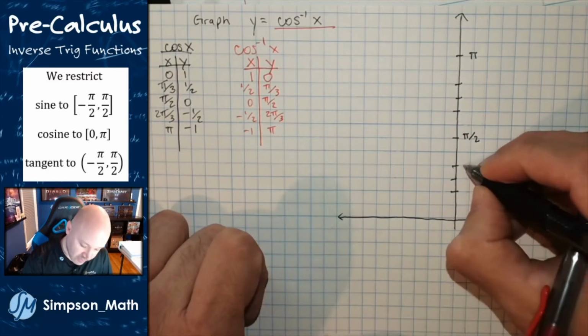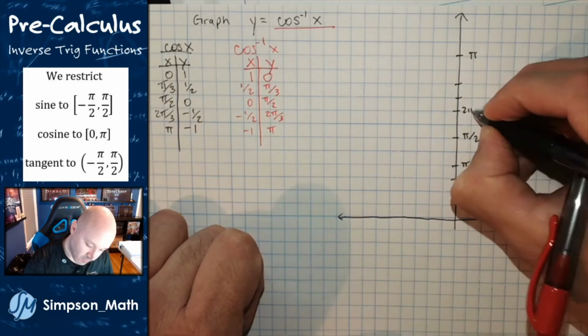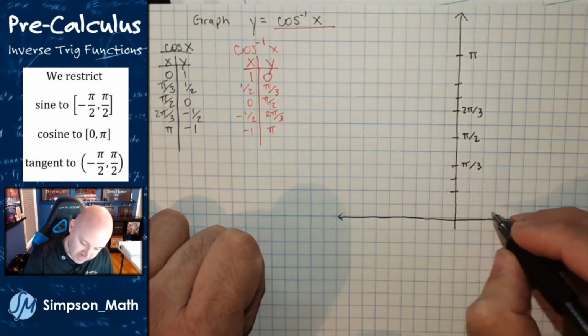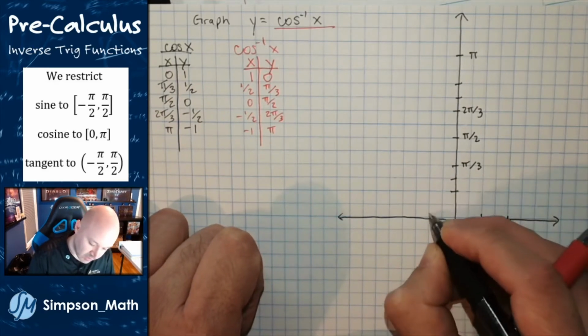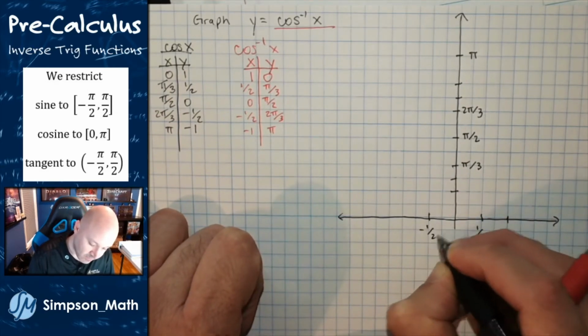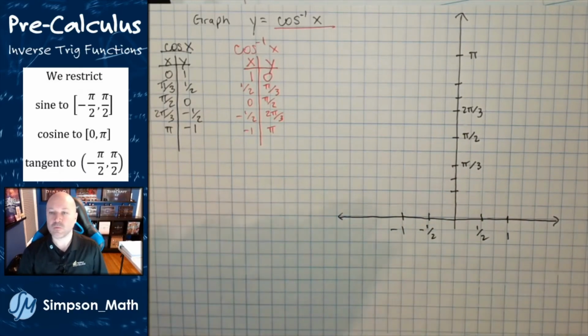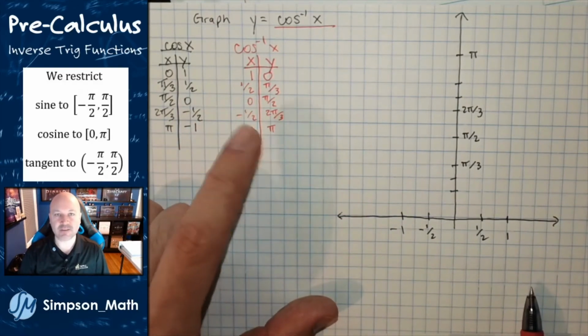I'll go ahead and label the thirds because those are so pretty. I'll let 2 squares be 1/2, 4 squares being 1. So I've labeled my axes accordingly with the data I've got.